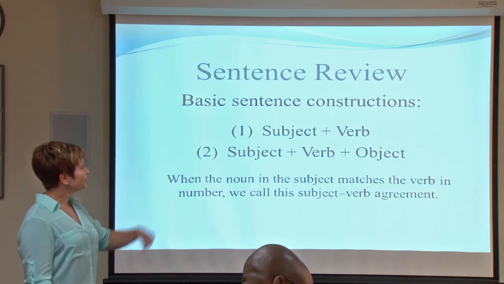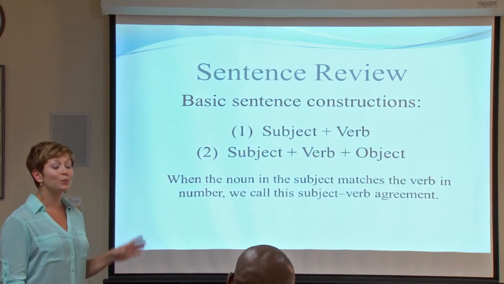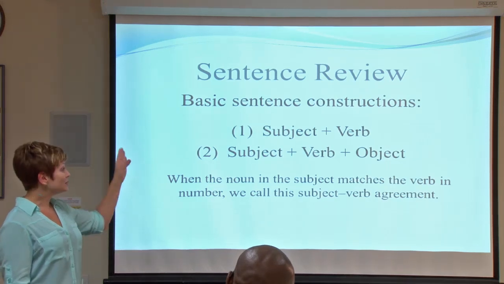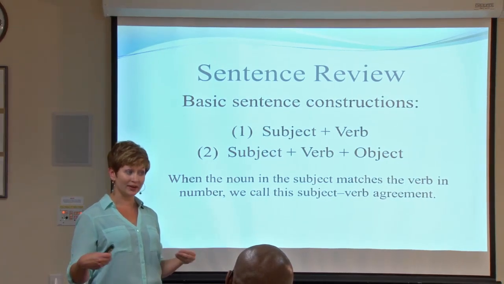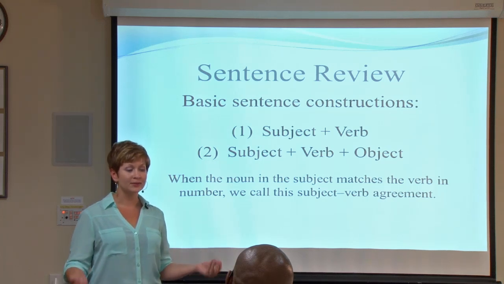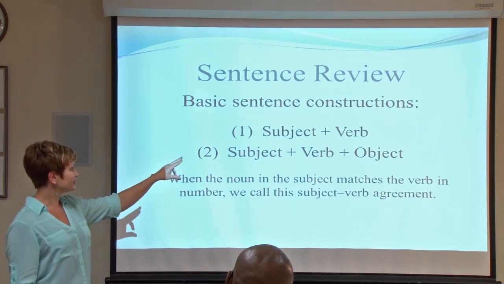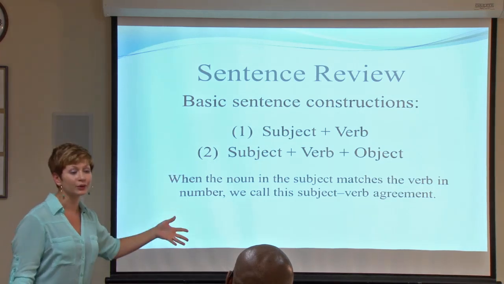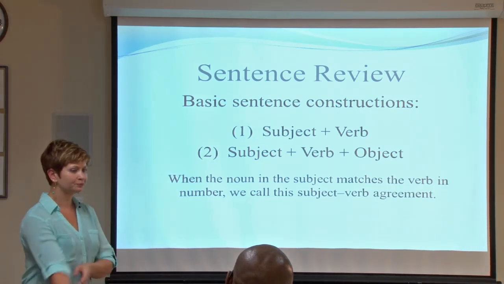I'm going to give you a quick review of sentence construction. Now, this may seem very basic to you, but the reason I'm showing this to you is because when we're using conjunctions, we're usually conjoining different clauses. And a clause requires certain things. So the basic sentence construction is a subject and a verb, or a subject, verb, and object. Very simple.